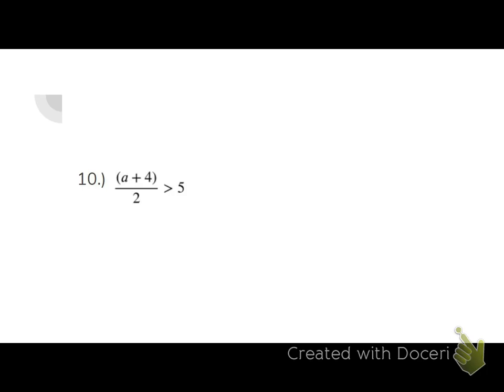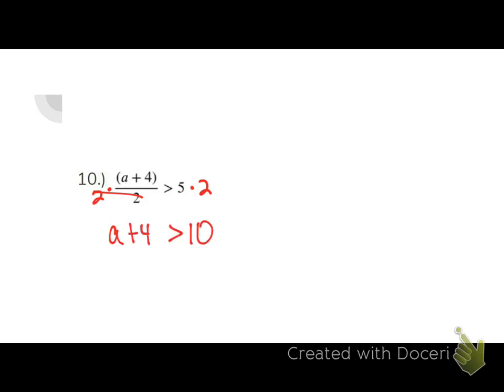Multiply by 2. Good. We need to get rid of that big fraction bar. So we're going to multiply both sides by 2. The only reason those parentheses are there is to remind us that the top numerator is a group. So we have to break it away from that 2 first. We are not distributing this 2. It's canceling out with the 2 in the bottom. So all we have left is a plus 4 is greater than 10.